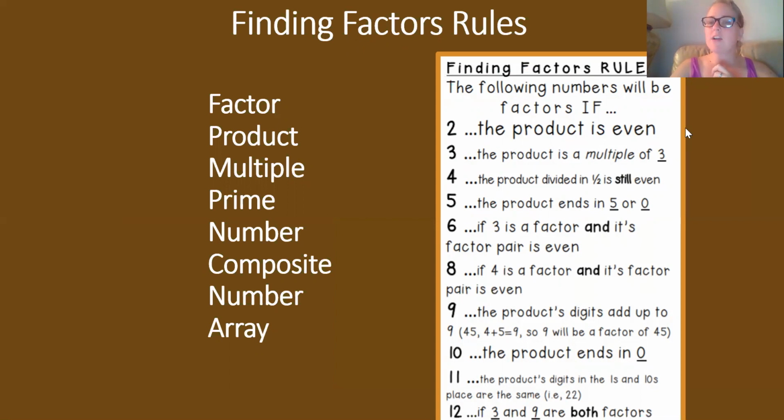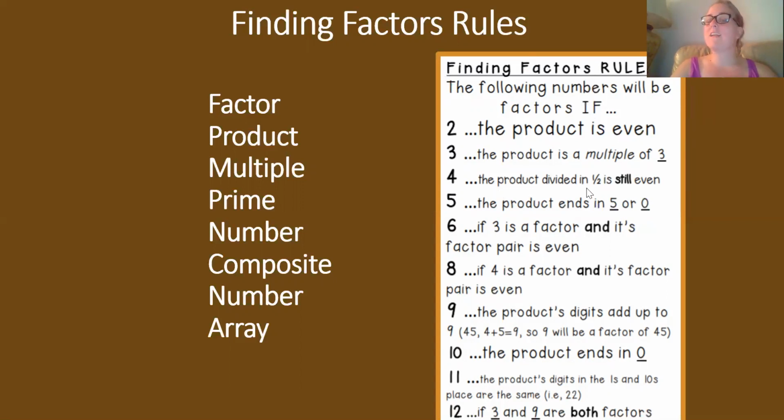So, finding factor rules. If you're not so great on your multiplication facts, you could also use the factor rules to help you find factors. So, for example, the following numbers will be factors: if the product is even, 2 will be a factor. If the product is a multiple of 3, then 3 would be a factor.